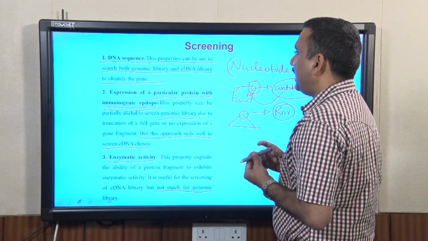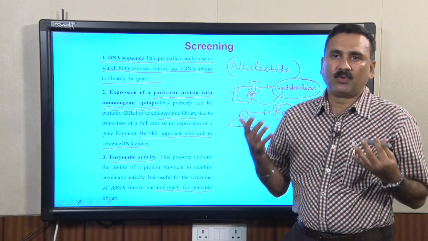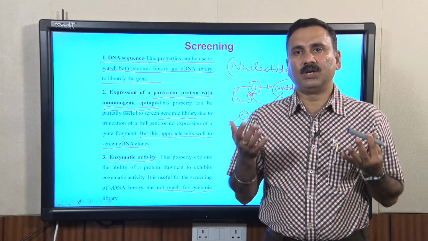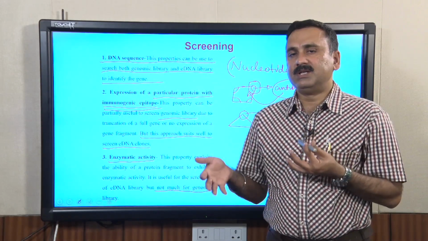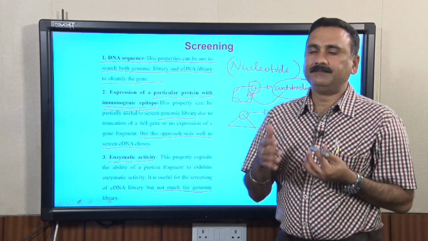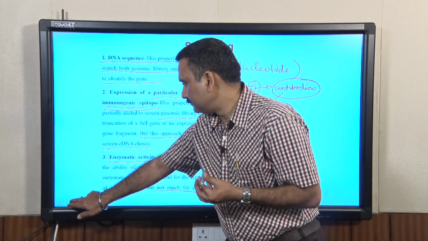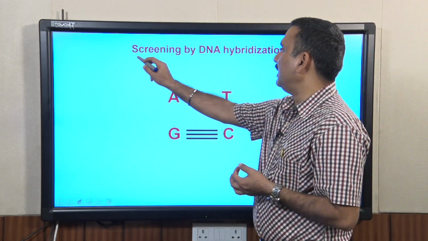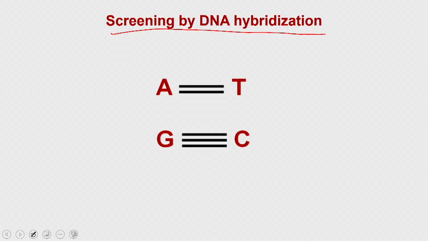So, let us start with the approach where the DNA sequences could be used as an analytical tool to screen the genomic or the cDNA library. The basis of screening by DNA hybridization depends on the property that within the DNA you have specific base pairing between the nucleotides.